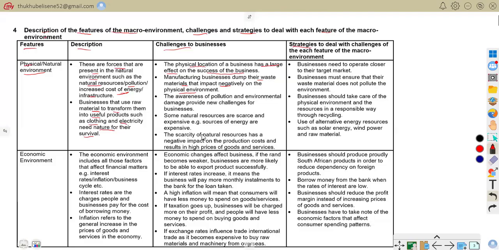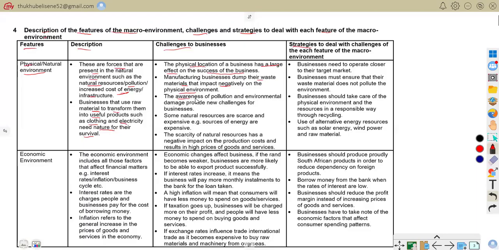Rivers. So that is the challenge that comes up with the physical or natural environment: that manufacturing businesses dump their waste materials that are going to impact negatively on the physical environment.